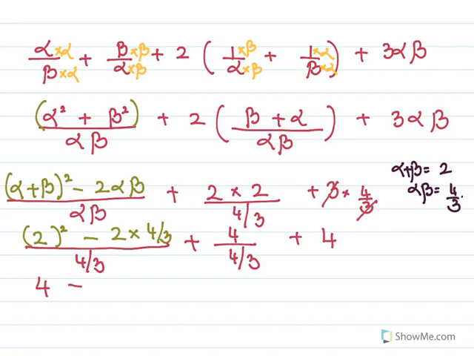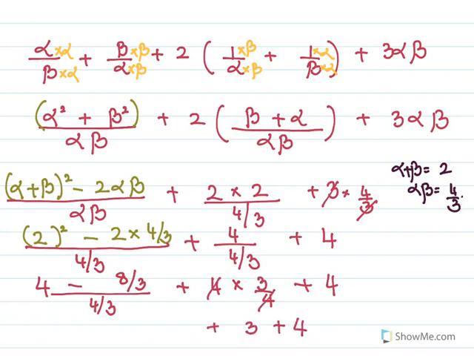So the next step, we have 2 square is 4 minus 8 by 3 over 4 by 3 plus 4. This will be into 3 by 4 plus 4. So this will cancel out. Here you'll get 3, here you'll get 4. Now if you take the LCM of the numerator, you'll get 4 by 3, here also 4 by 3. So this expression works out as 1.